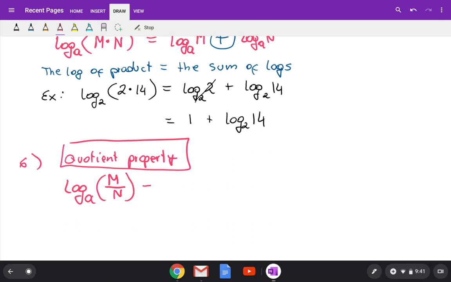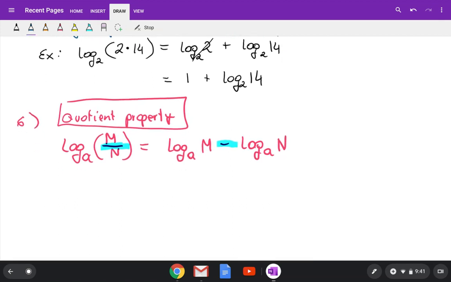So you can rewrite that as log base A of m minus log base A of n. So the quotient becomes a difference. We have to memorize that quotient becomes difference.